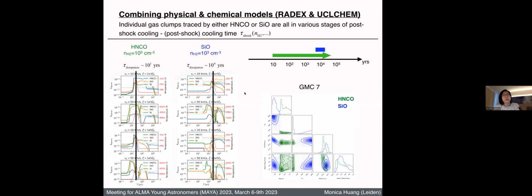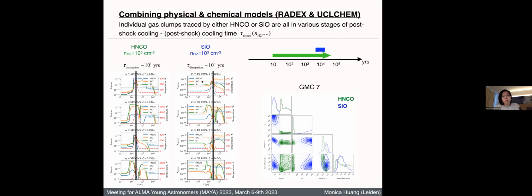To make it easier to imagine or comprehend, here is my little thought experiment plot. For example, for GMC7, one of the regions that we study, we found that HNCO is tracing gas density around 10 to the 5. Here is the shock scale. This is the line where we mark the influence of the shock across the gas component.